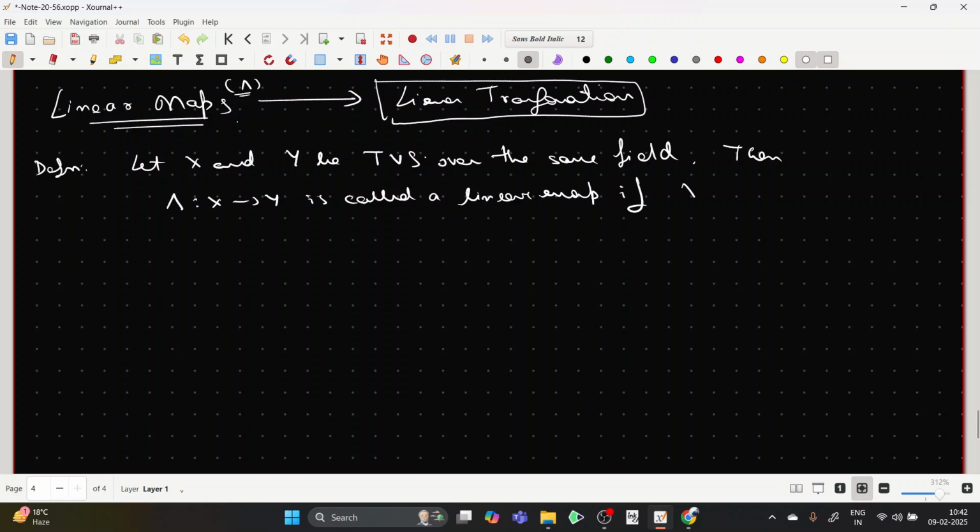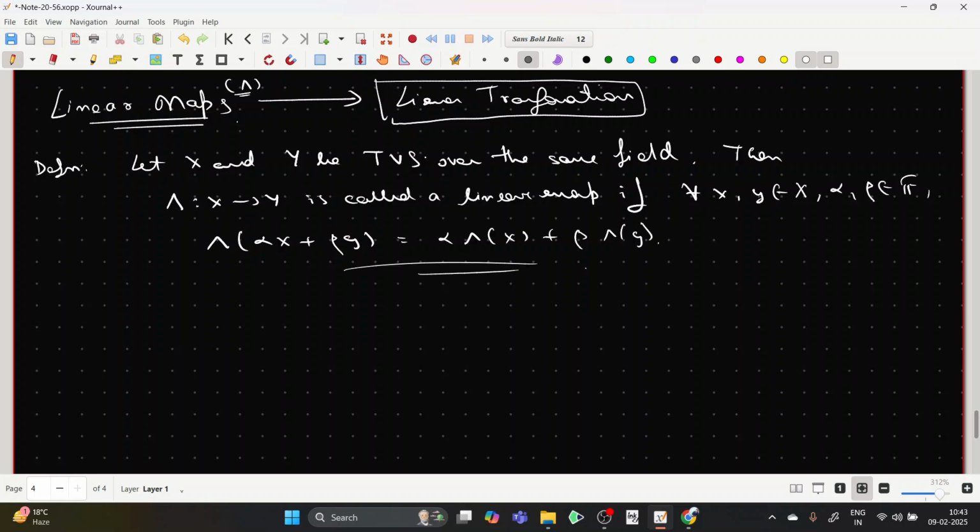if for all x, y in X and alpha, beta in the underlying field F, the map evaluated at alpha x plus beta y just scales out like this, alpha times lambda x plus beta times lambda y. Okay. And one more thing, if you recall in vector spaces, we often abbreviate T of x as Tx.